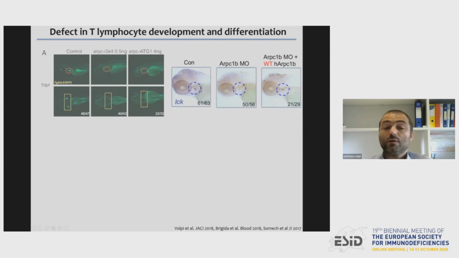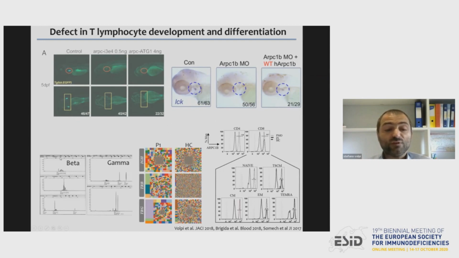This is the same experiment, but with in situ hybridization, again staining for LCK RNA. Here you see that the morpholino has abrogated the expression of LCK in the thymus, and with co-injection of human ARC1B RNA, you have at least a partial reversal of the phenotype.